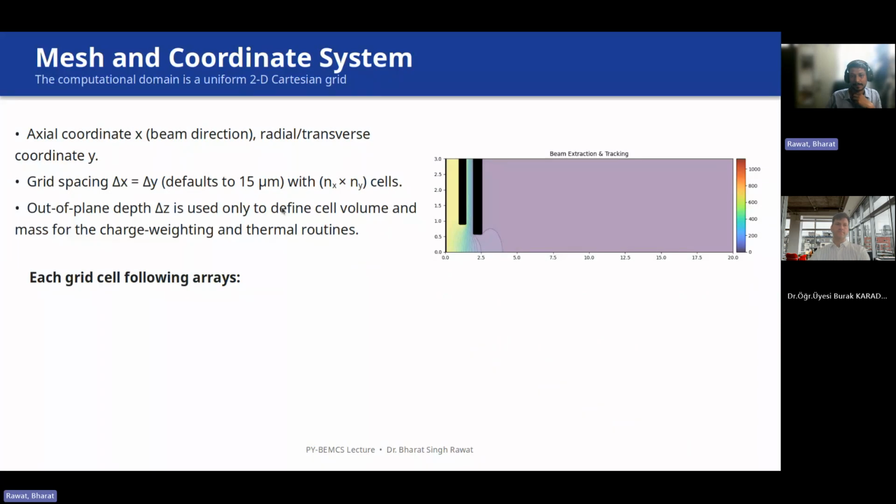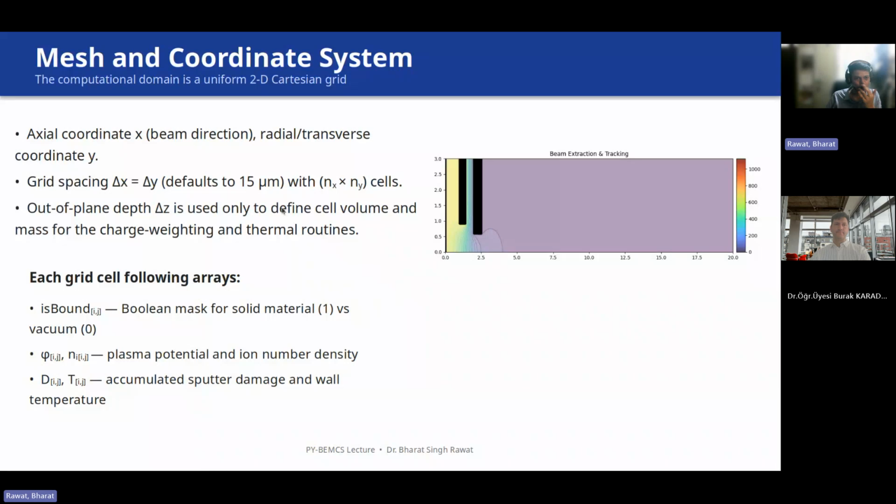And each grid cell has different kinds of arrays which store some properties. There is a Boolean mask in the grid which stores whether it is a solid material or a vacuum. If it is 1, it means it's a grid, and if it is 0, it means it's a vacuum. Then there are other properties like phi_ij and n_ij for each grid coordinate, which store its plasma potential and the ion number density.